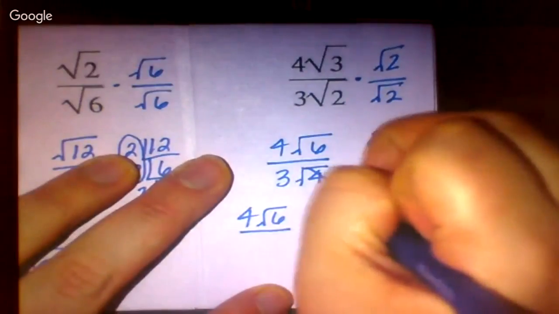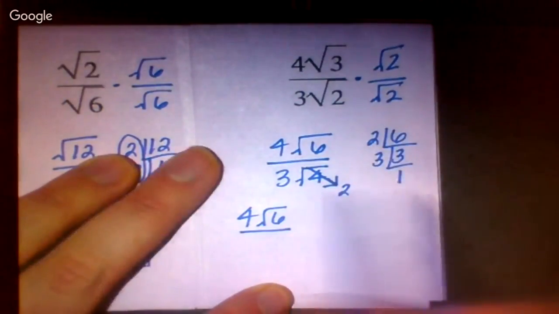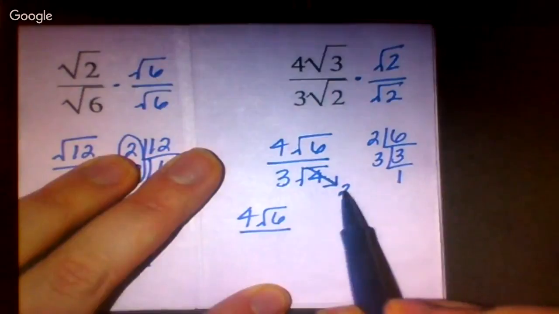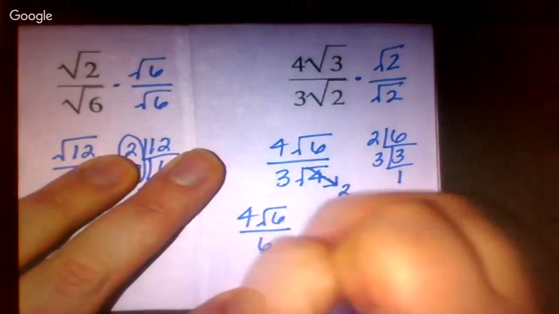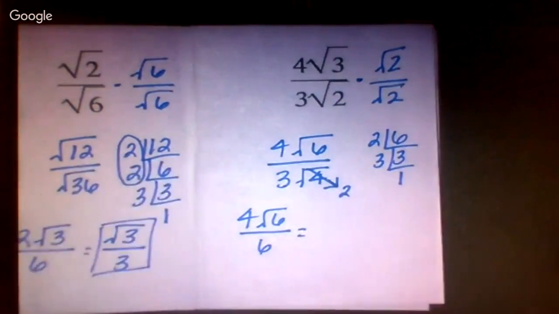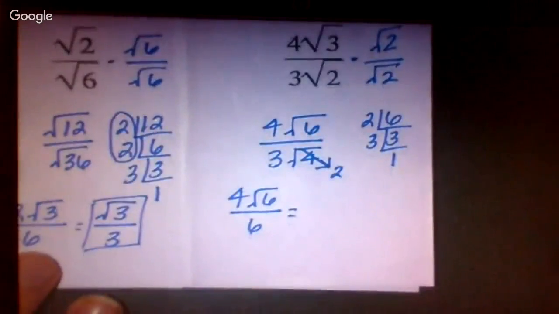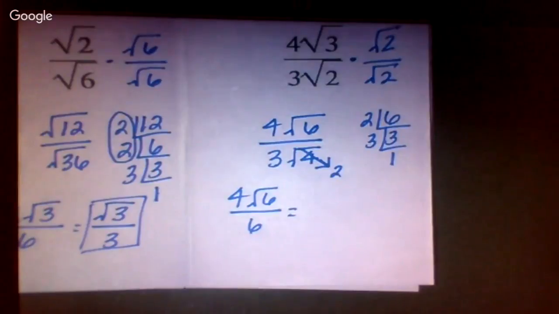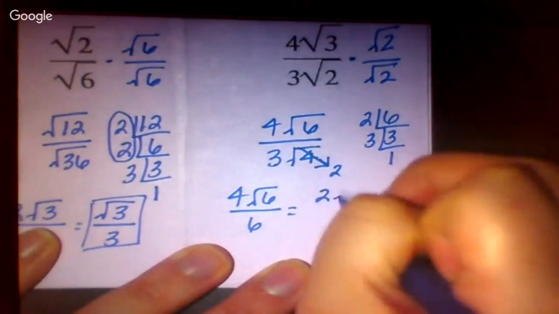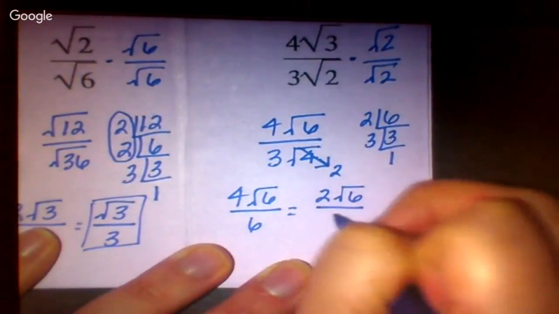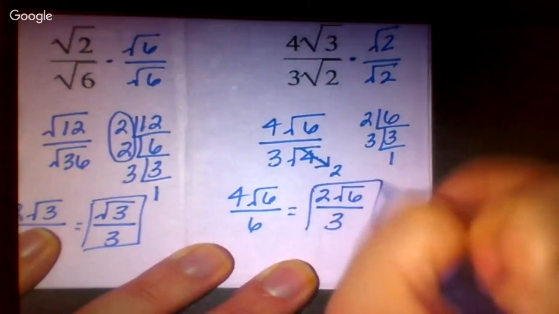So the bottom is technically 3 times 2, which is 6. So now what does 4 over 6 reduce down to? 2/3. So 2 square roots of 6 over 3.